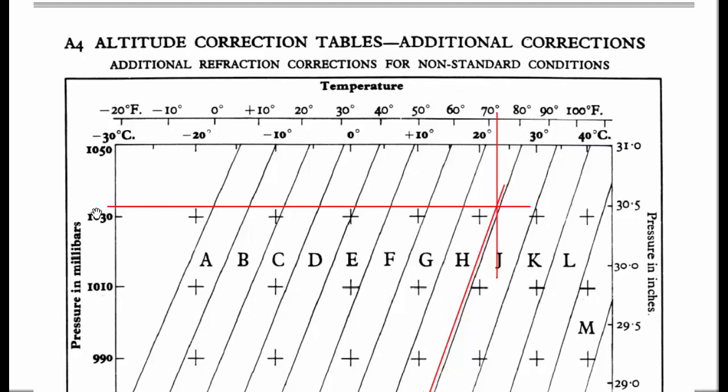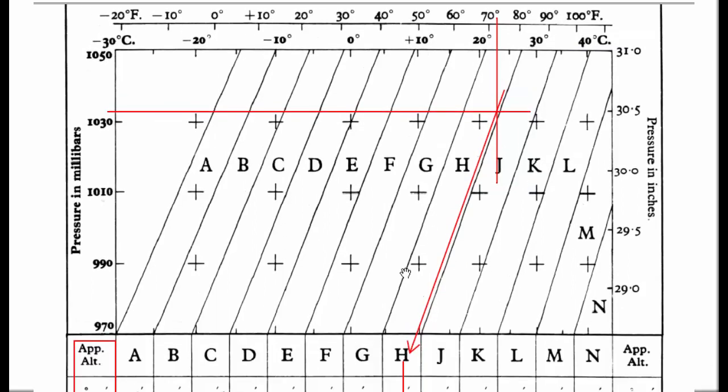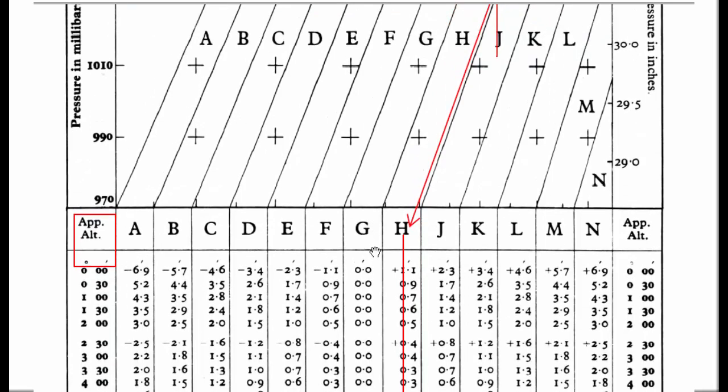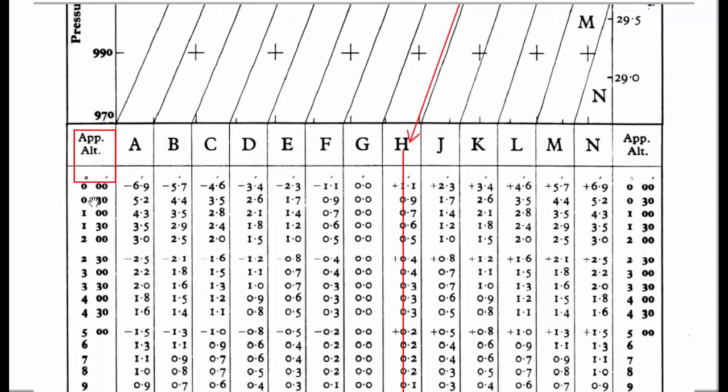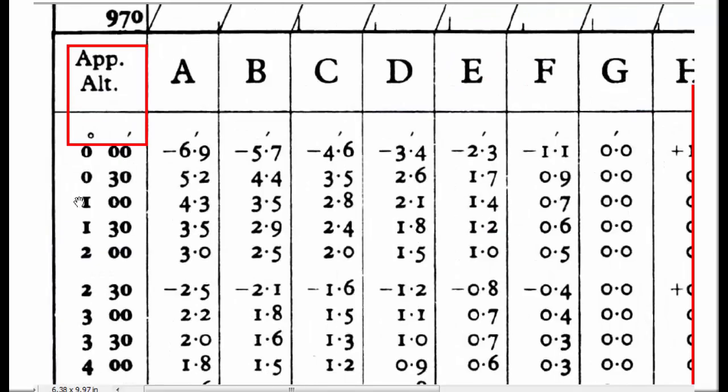And then 1033 millibars, we project a line straight horizontally, and where the two intersect, that puts us in sloped column H. We follow that column down to the lower half of the table, to the column H here, and in the very left-hand column we see apparent altitude, and that apparent altitude is in degrees and minutes.